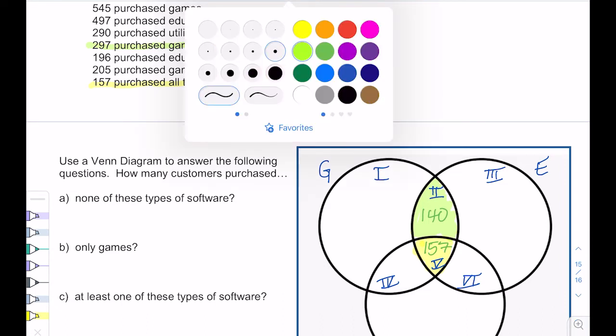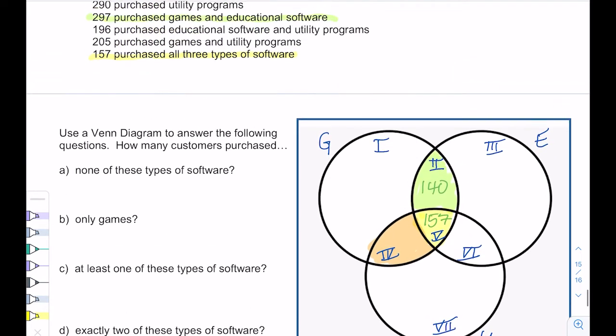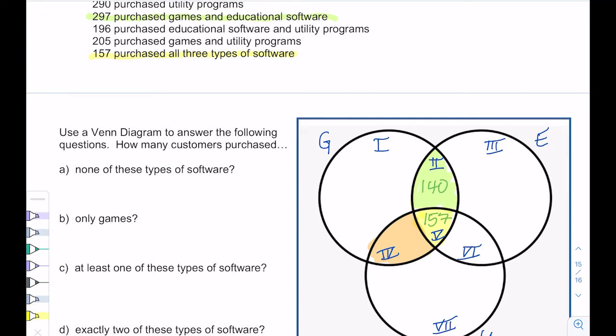Next, let's look at region 4 and 5. So in the yellow and orange region, those represent the number of people who purchase games and utility programs. So if I look at my list, I have 205 people that purchase games and utility programs.